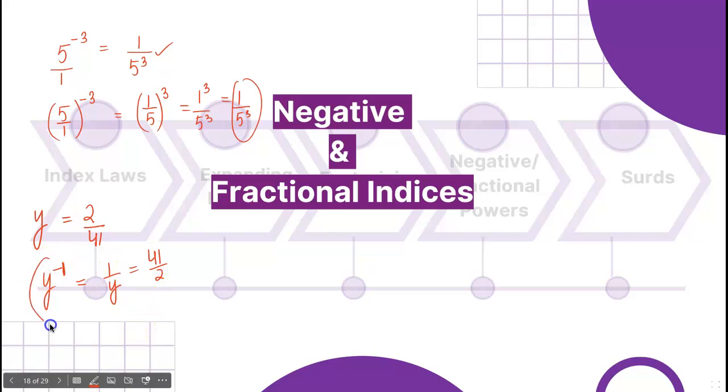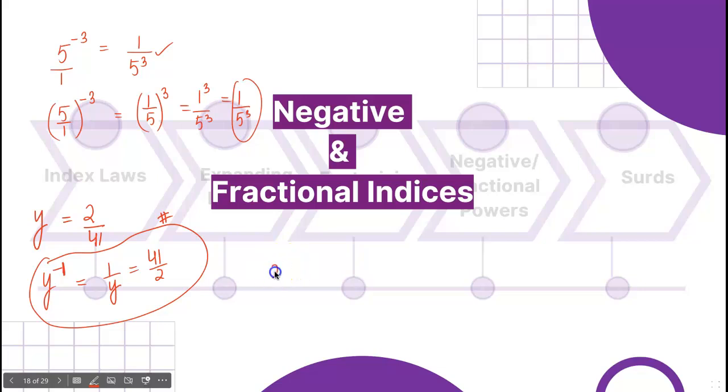This is very important, and it is part of the fractional or negative indices. It's the one that is going to make your questions challenging, and in past paper questions you're going to go through these types of concepts a lot.